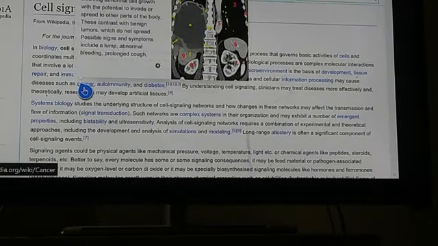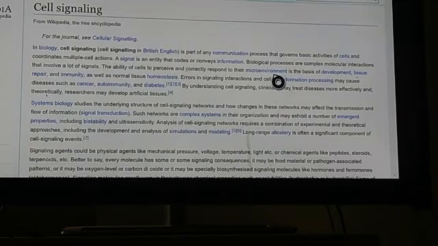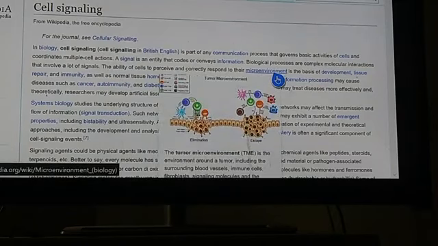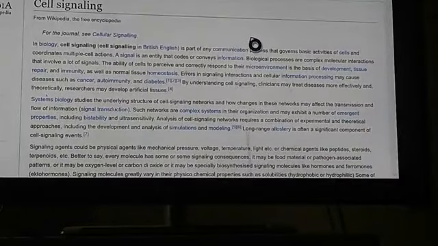Right? Microenvironment. Right. Now let's look at the structure of the human body, right? So what are molecules?